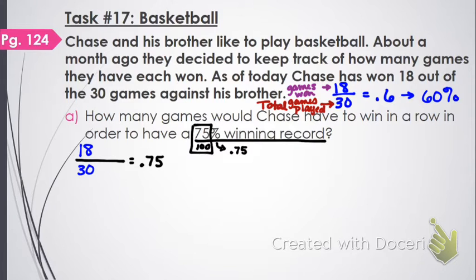Go up. That also has to go up. Do I know how much it has to go up by? No. What do I represent things that I don't know with in math? X. What should my X mean here? The number of additional games that Chase needs to win.